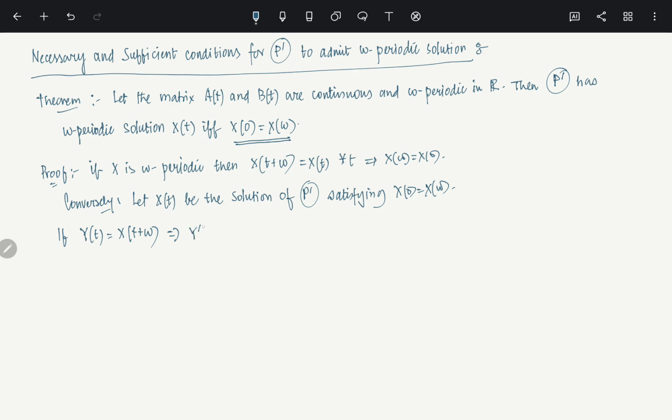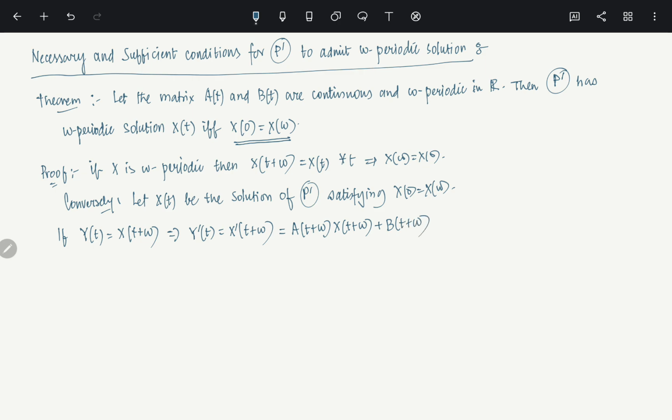See, y prime of t is nothing but x prime of t plus w. Clear? This is just the chain rule, right? Now what is x prime of t plus w? It is nothing but a of t plus w times x of t plus w plus b of t plus w. I hope this is clear.